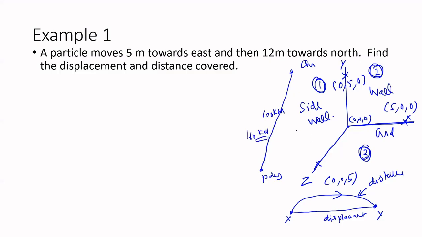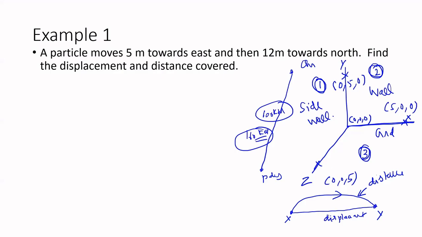This 160 is what? Distance. The 100 is what? Displacement. Flight path is displacement. Bus path is called a distance. So this way we have to remember.